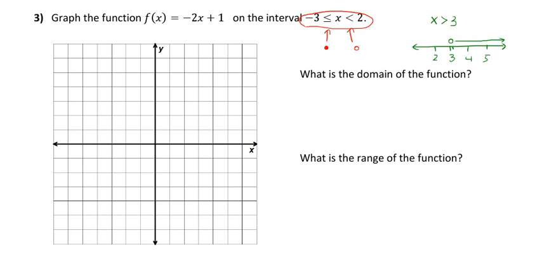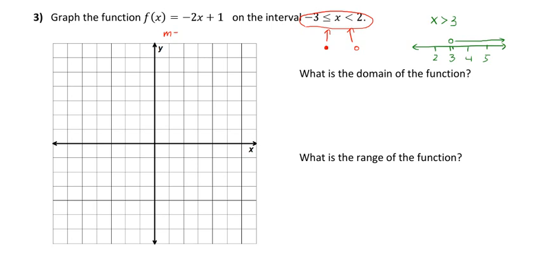So we're going to start the same way. This has a slope of -2 over 1, so that means down and to the right, and a y-intercept of +1. We start over here at the y-intercept.